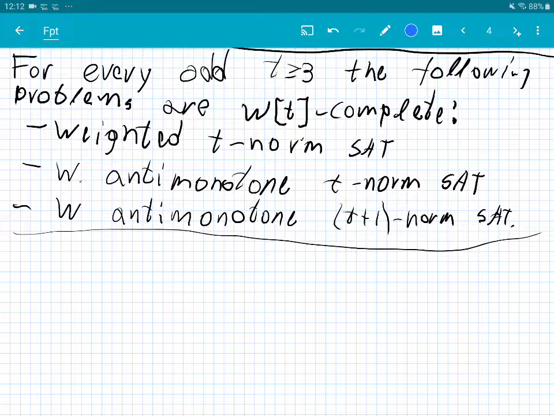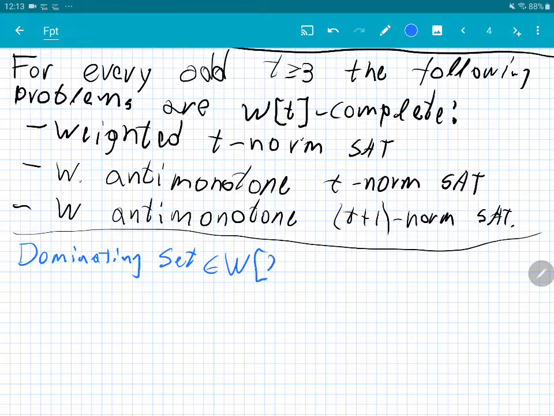Right. Now, the important thing is that now that we have the complete problem, we can do reductions, right? So all those problems that we saw, like dominating set, for example. Dominating set was in W2, right? Because we just had a formula for it. But the claim is that in fact it's complete. Why would it be complete?